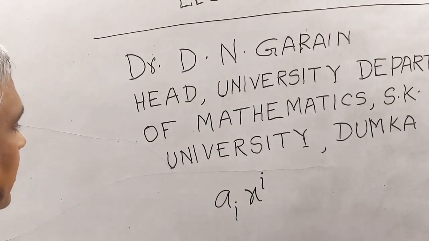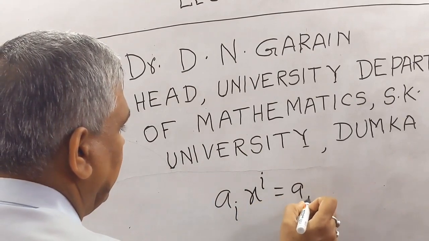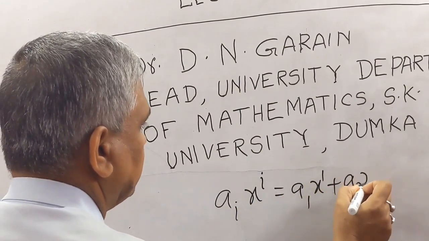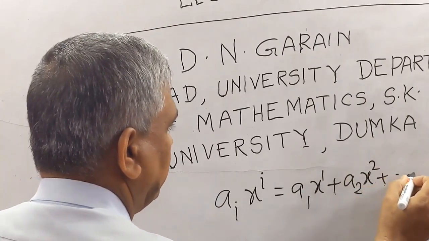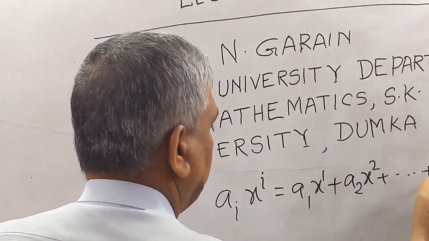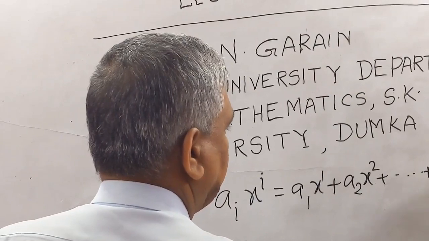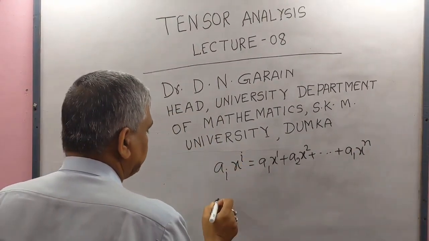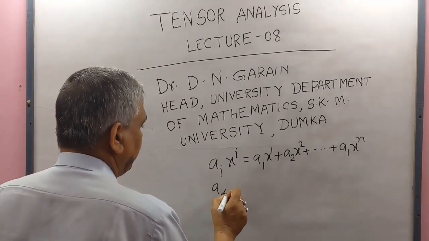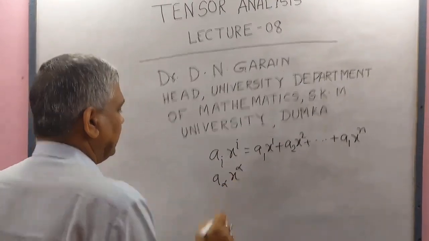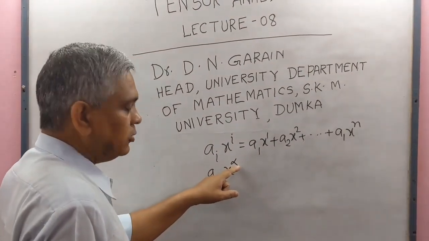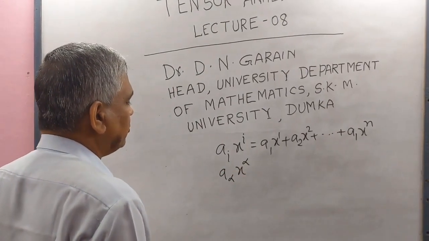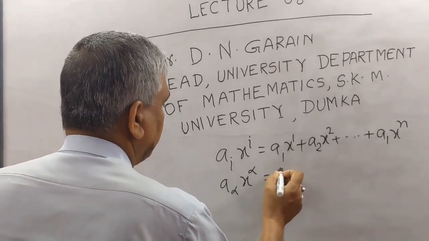This means A1 x1 plus A2 x2 plus dot dot dot plus An xn. In place of i, we may also write alpha: A_alpha x_alpha. Here alpha is a dummy suffix, so we may write values of alpha as 1, 2 and so on.